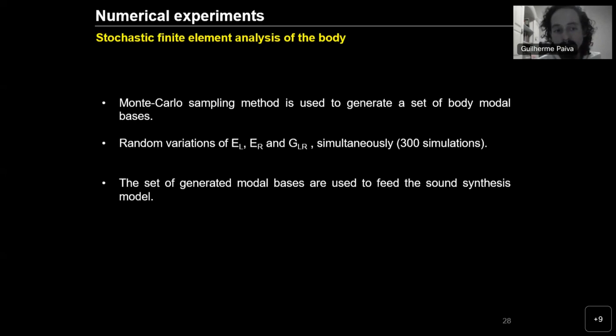We applied random variations to the 3 stochastic variables, the 3 wood properties. So we could obtain 300 simulations, I mean 300 body modal bases. And we used these body modal bases to feed our sound synthesis method. So in the end, we obtained 300 random sounds.